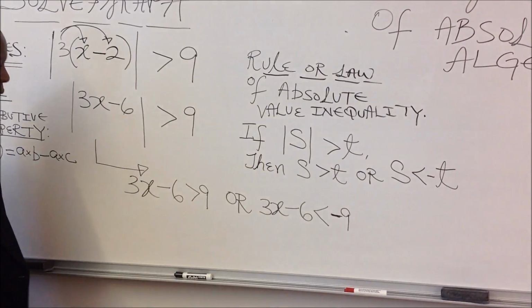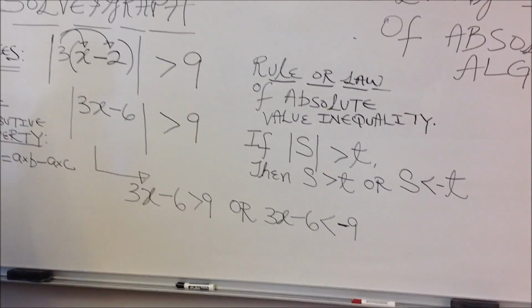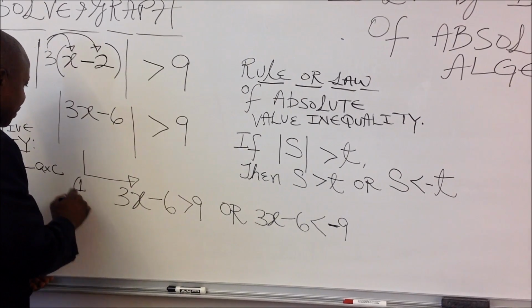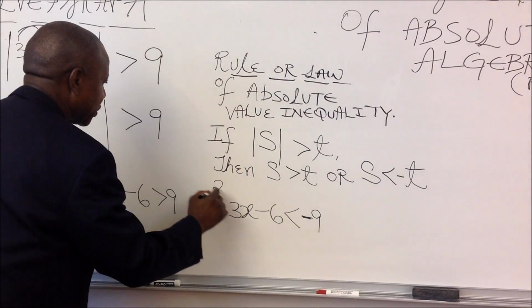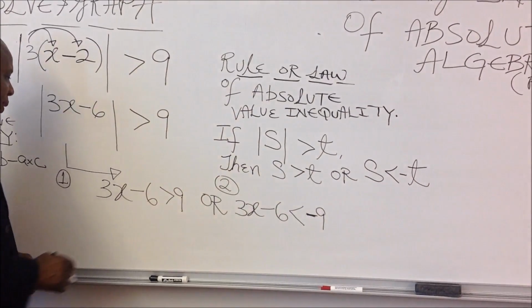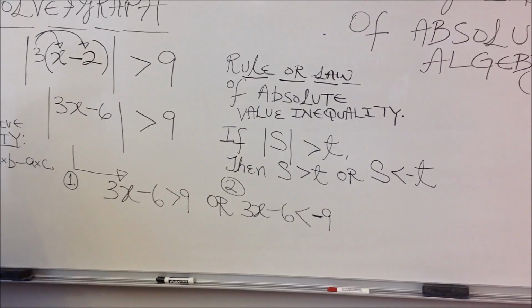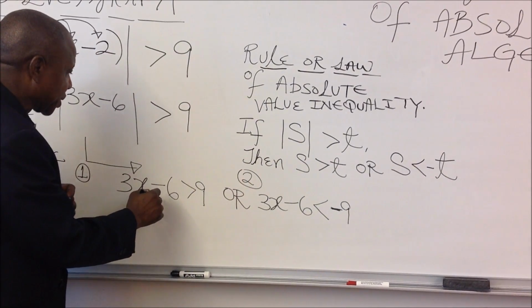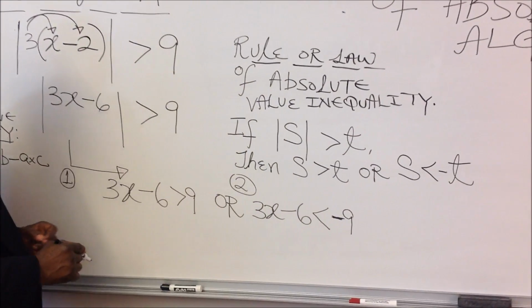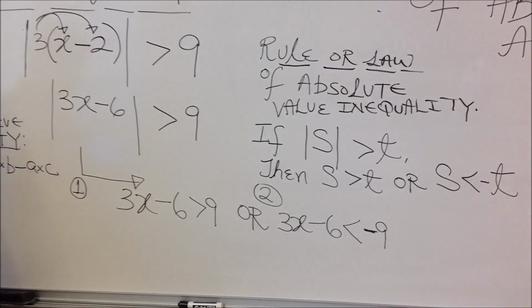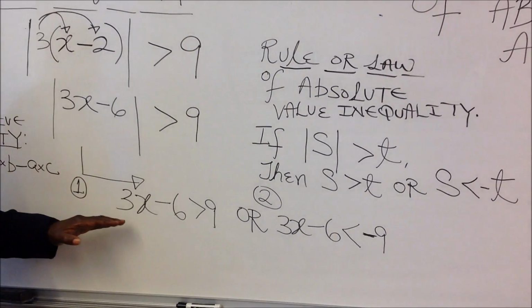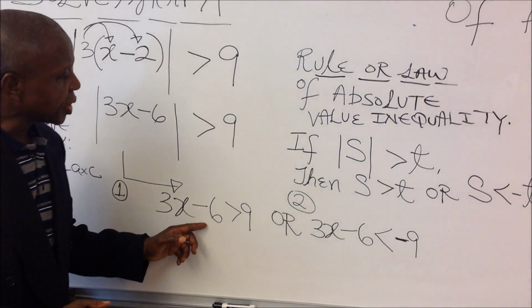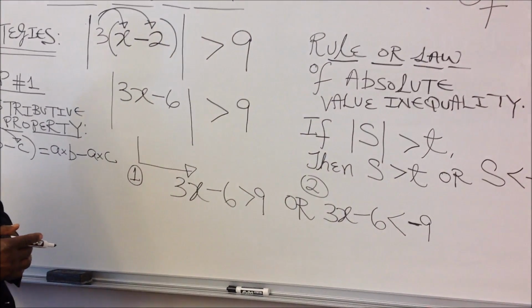So let us do so at this point. What will be our first step in solving these inequalities? Let us solve the first one first. Notice we have negative 6 on the left side, and we need to do something about it. In order to solve for x by itself, to isolate x, we must move the negative 6 to the right side of the inequality.